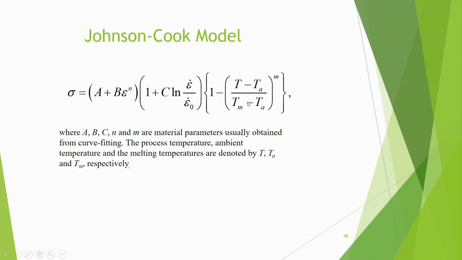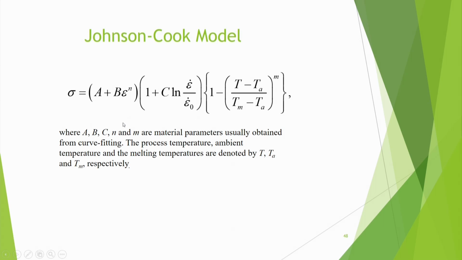And then this is the temperature dependency. Here you see if the temperature T is increasing, then the flow stress will actually decrease. So this is softening behavior. The material is softened due to the temperature. Tm is the melting temperature and Ta is the ambient temperature, or you can take some reference temperature, and this way you fit.